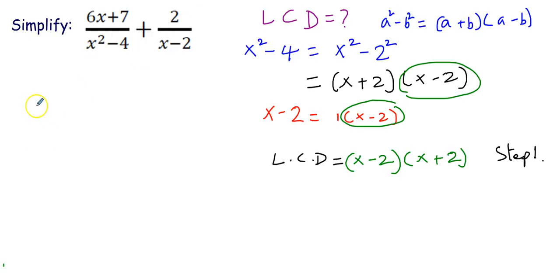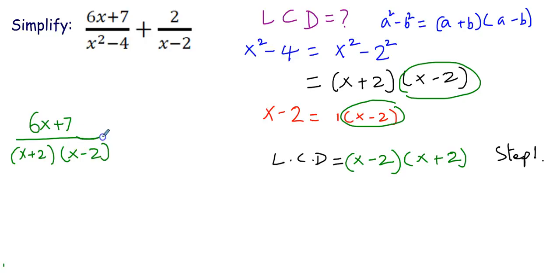The first one, I have 6x plus 7 over x square minus 4, that is written as x plus 2 times x minus 2.